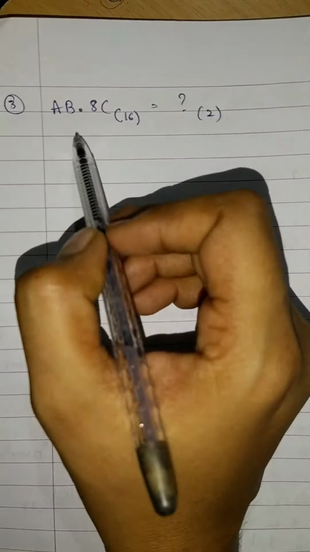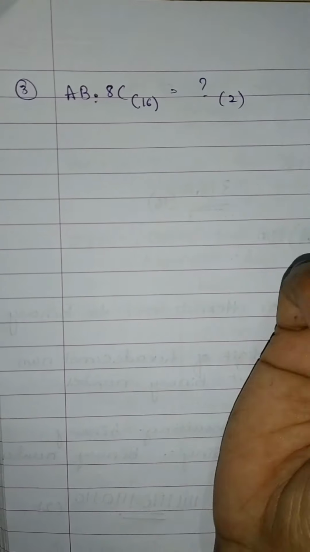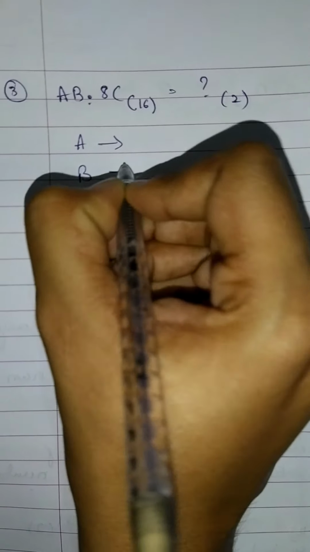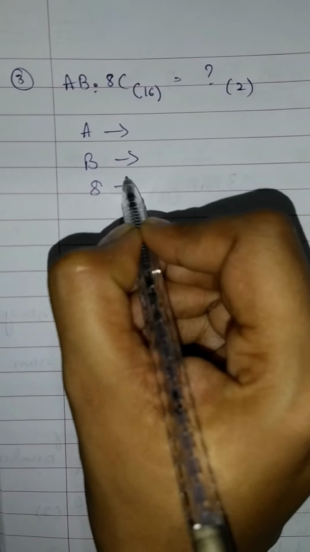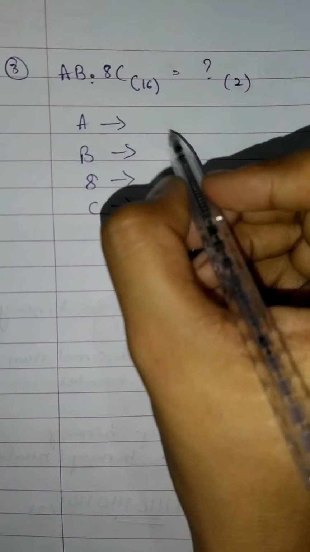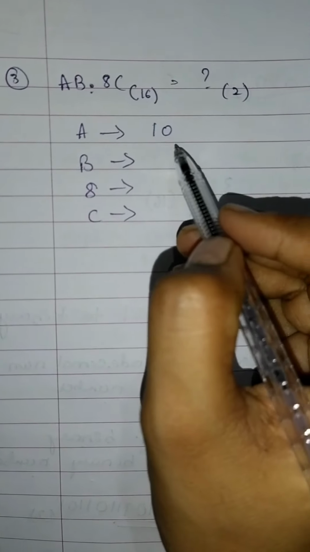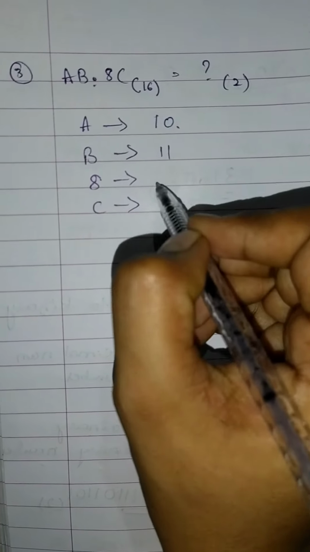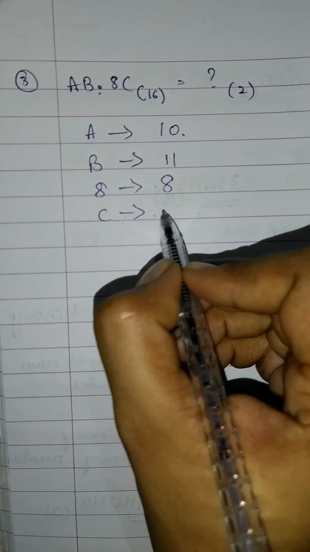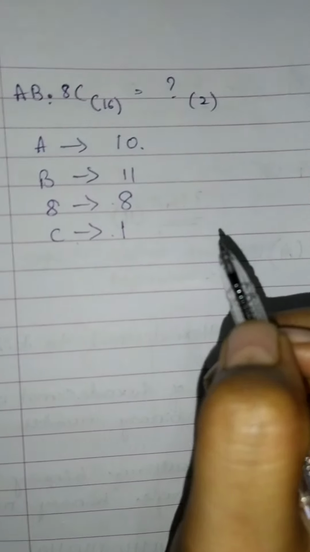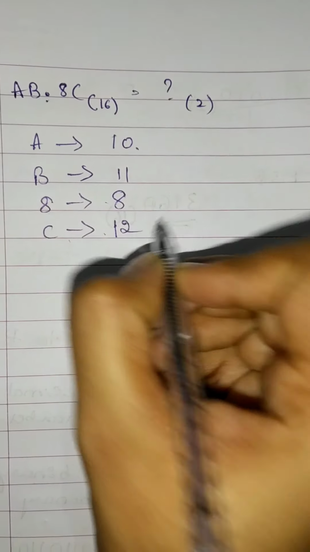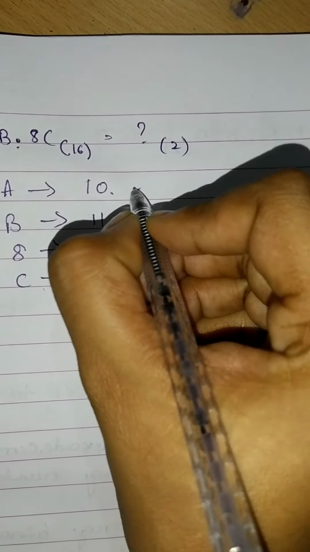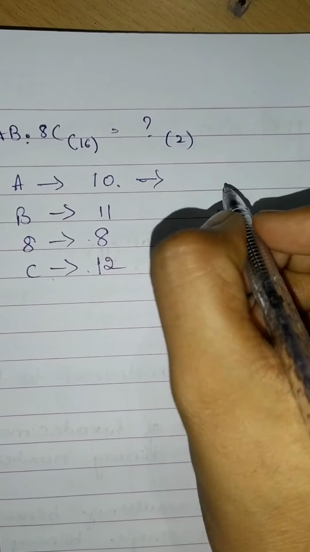What if we have a hexadecimal point? We take A, B, then 8 and C. The value of A is 10, B is 11, 8 is as it is, and the value of C is 12. How can we represent 10 with a binary value?